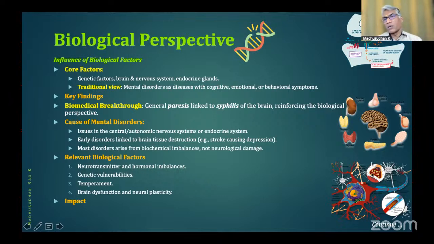If the communication between the neurons is not happening properly, at the ganglia, the synaptic area, or the calcium channel blockers, these things are not properly communicating. So plasticity occurs, and maladaptive behavior or disorder can occur.